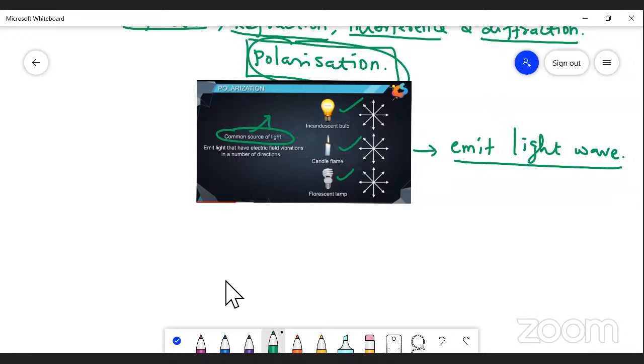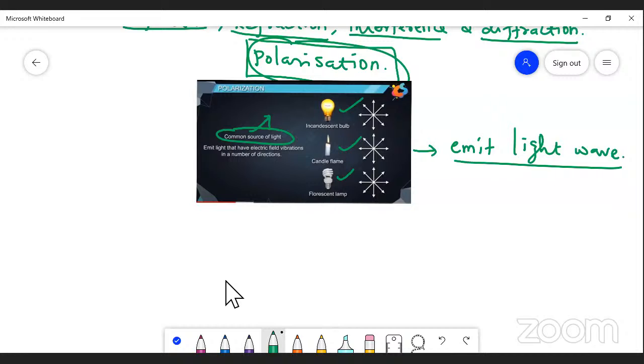And also, this light wave consists of vibrations of both electric field vectors and magnetic field vectors. So, for the sake of simplicity, we consider only the vibrations of the electric field, and neglect the vibrations of the magnetic field.